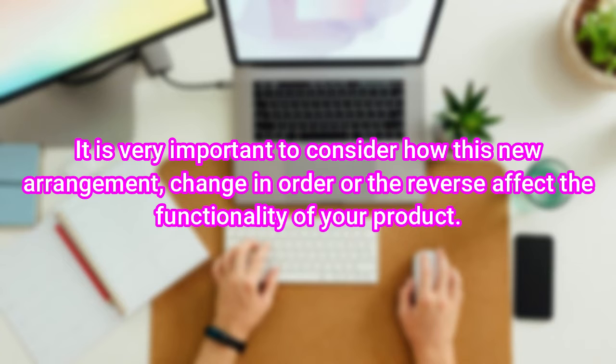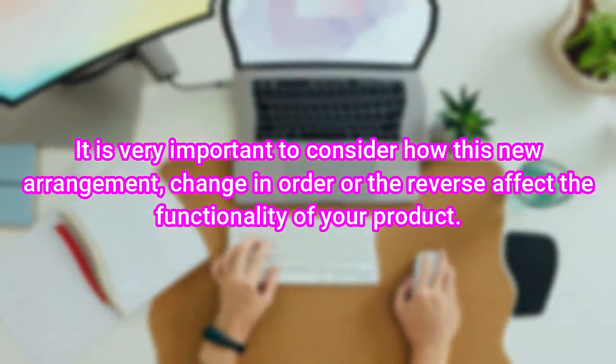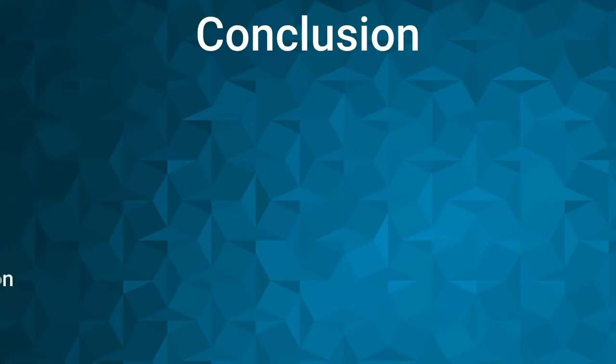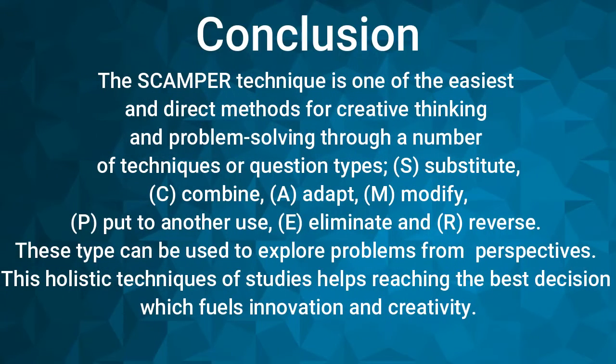It is very important to consider how this new arrangement, change in order or the reverse affects the functionality of your product. In conclusion, the Scamper technique is one of the easiest and most direct methods for creative thinking and problem solving through a number of techniques or question types: S substitute, C combine, A adapt, M modify, P put to another use, E eliminate and R reverse.